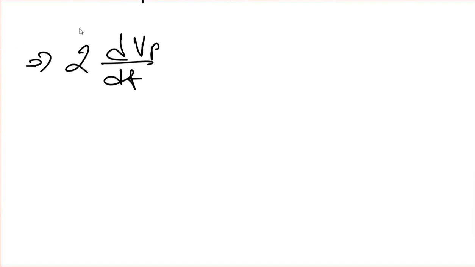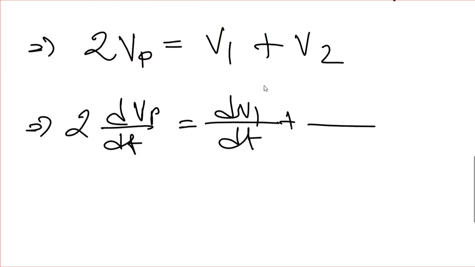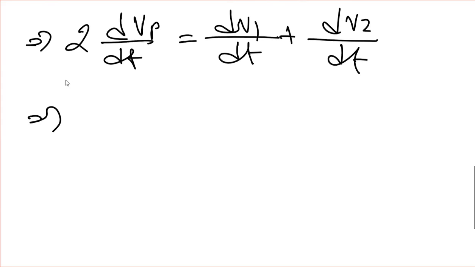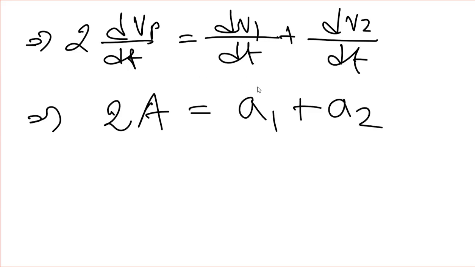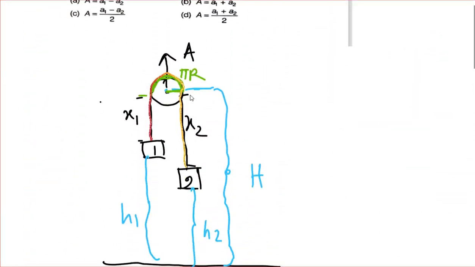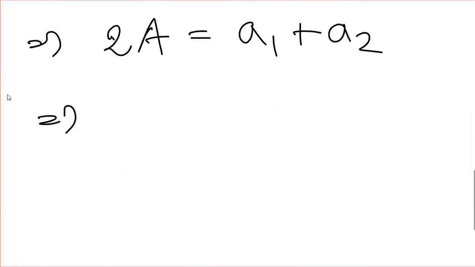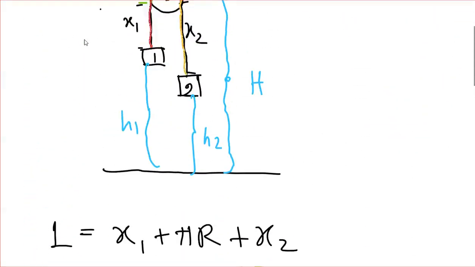It will be 2 times the acceleration of the pulley equals a1 plus a2, the acceleration of block 2. So the relation has come out to be 2A equal to a1 plus a2.